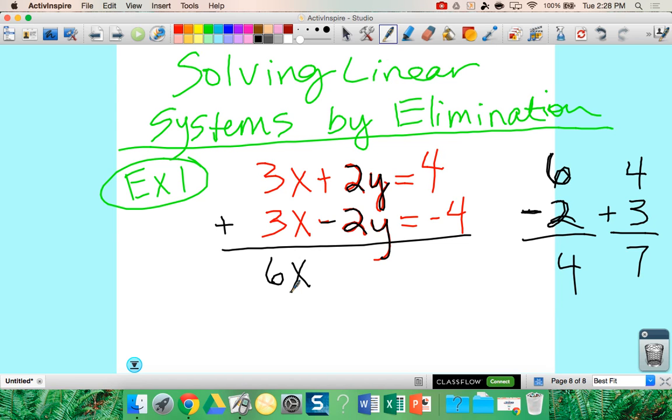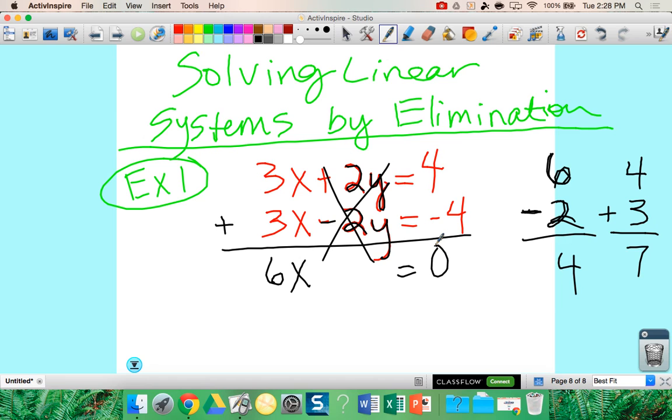So remember, you can say it either way. I am going to say 2y minus 2y, but for those people who like to say add the negative, you're still going to get 0. All right. So that's 0. We have eliminated that. And then what's 4 minus 4? 0. Okay.